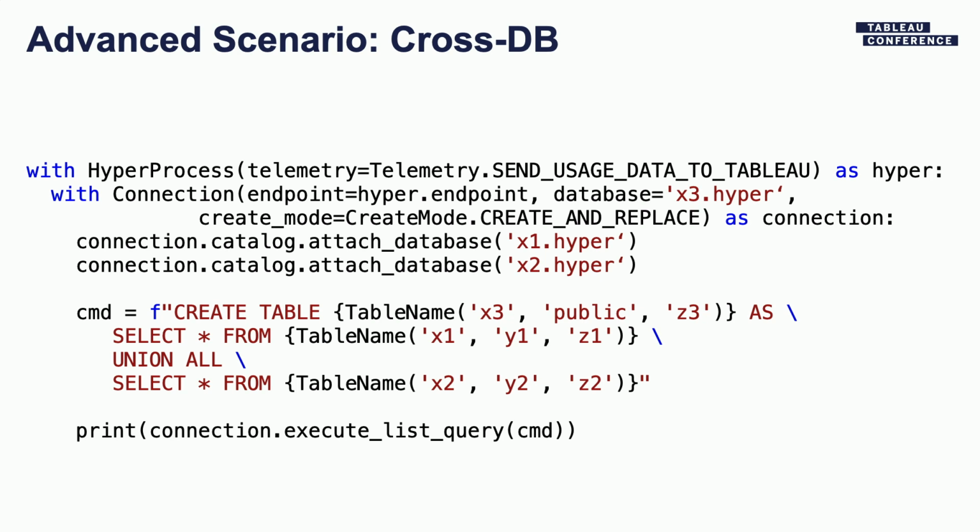There we say, just select everything from set1, from file x1, and union it with everything from set2, from hyperfile x2. One precondition here is obviously that the schema of both tables are the same. Otherwise, we would get an error from Hyper saying the schemas don't match.